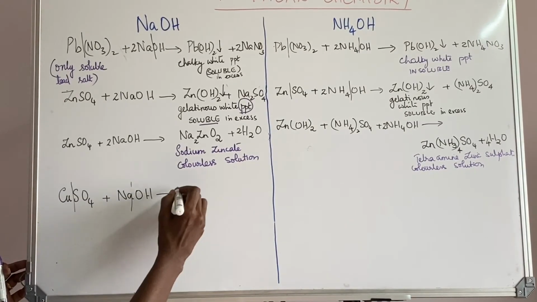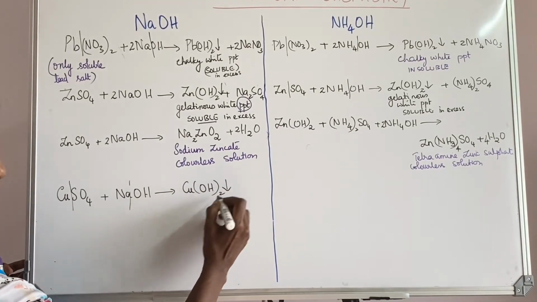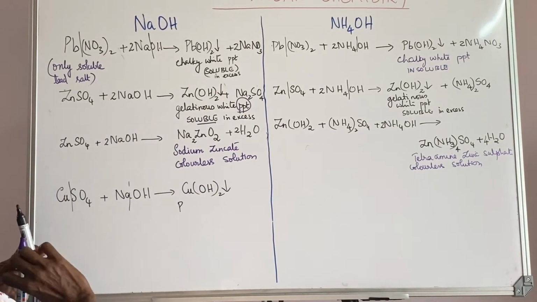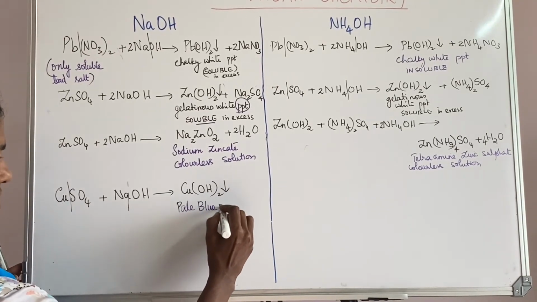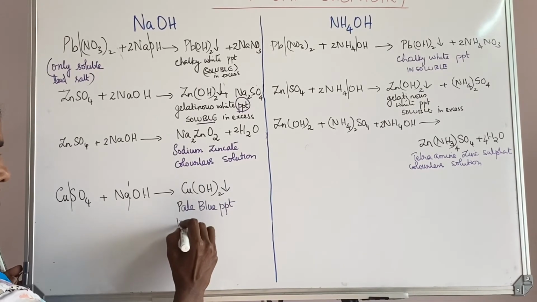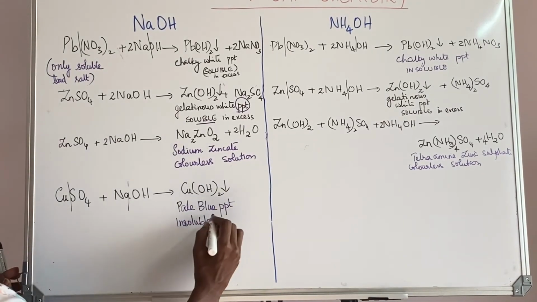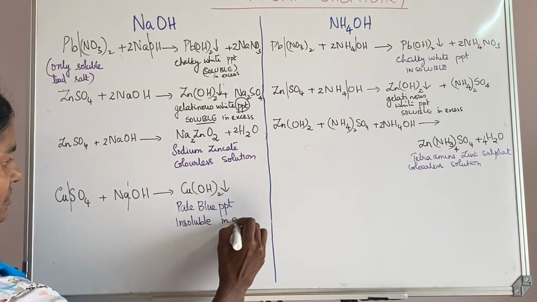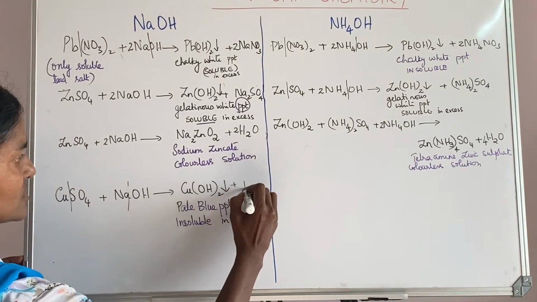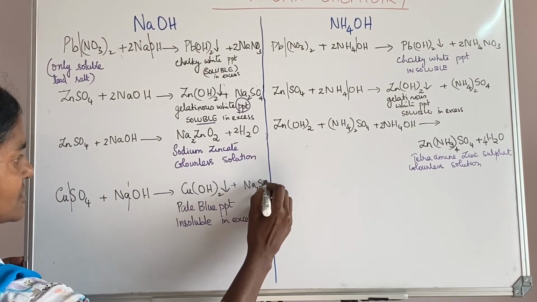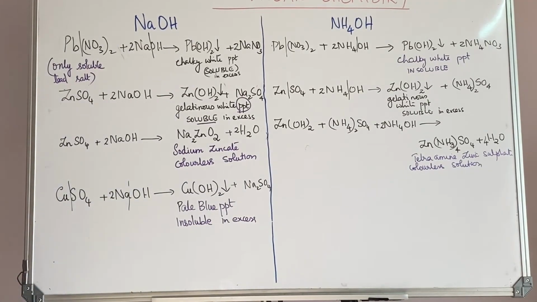So it splits this way to give copper hydroxide, which is a pale blue precipitate, but insoluble in excess, which means the precipitate continues to stay as such. It does not dissolve. What is left out is sodium sulphate. Okay, so 2 here, then it is correct.